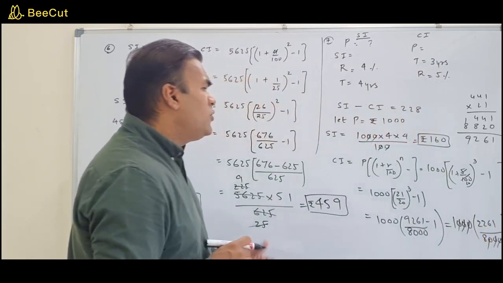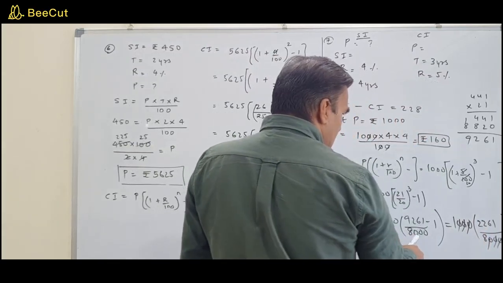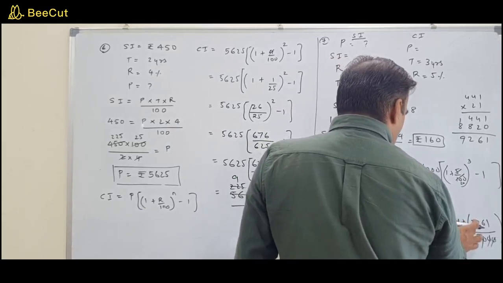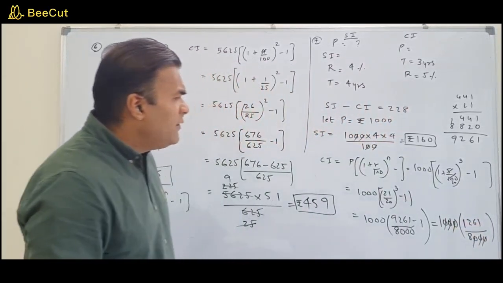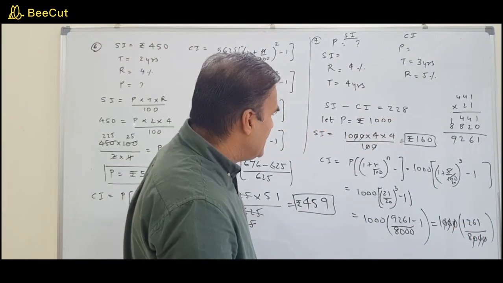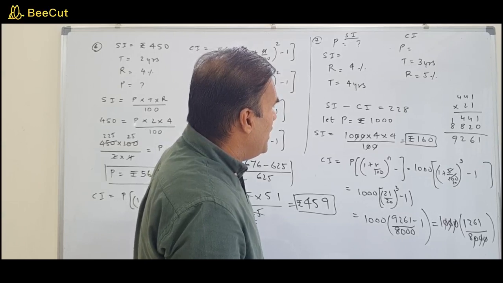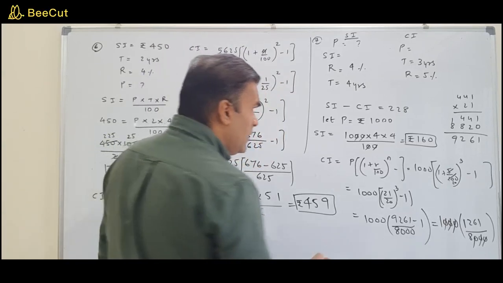So you have to find out 9261 minus 8000, so it will be 1261. So 1261 upon 8000, and we have 1000 over here. What are we going to get? So we will get the interest. Let's find out how much is the interest.